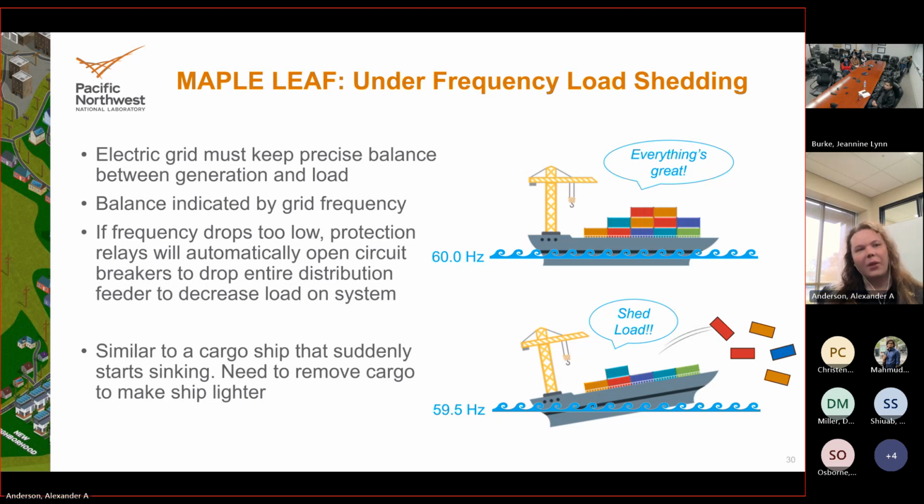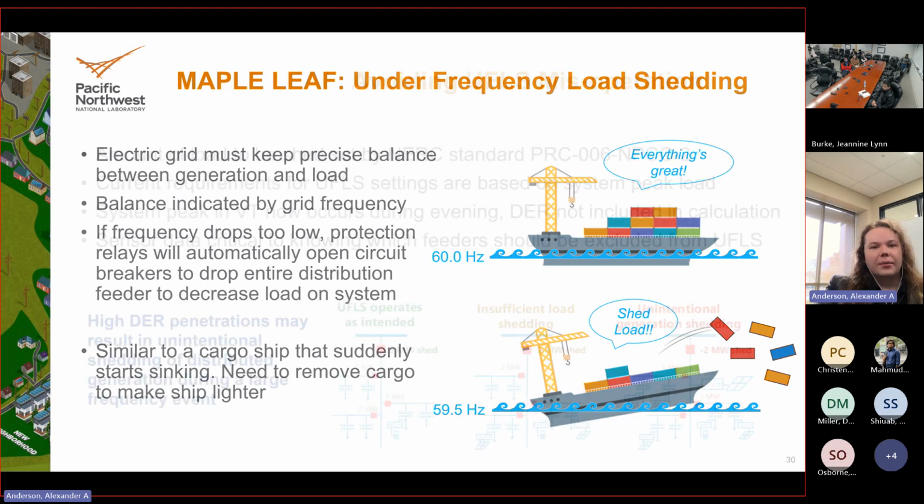And the way I like to explain it to utility stakeholders and these types of people, it's like a ship. If the ship is properly loaded, everything's going great. It stays at 60 hertz. If the ship suddenly starts sinking, we need to make the ship lighter, throw cargo overboard. That's the equivalent of shedding load. And now the ship will become lighter and rise back up to the correct water line.